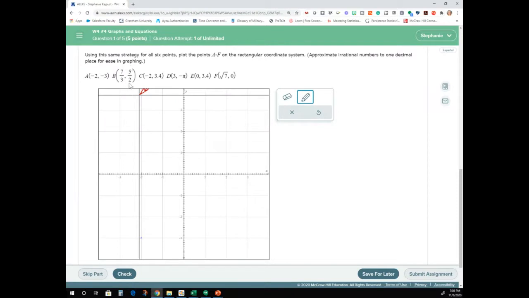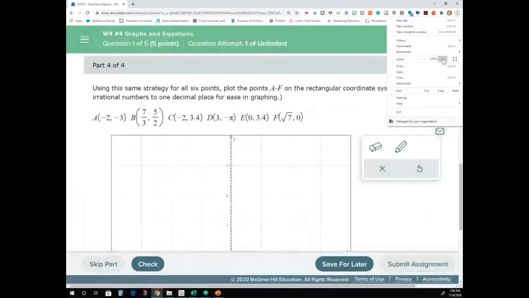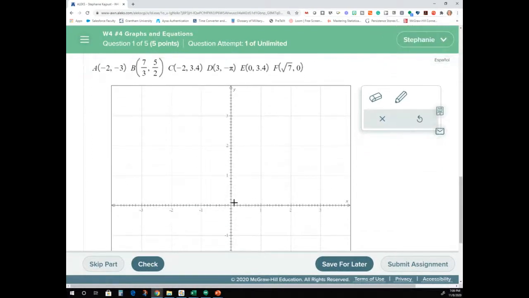Now we've got fractions and decimals, and we've got some other interesting things to graph. So I'm going to turn that off for now. So that's where you have to take a look at your graph and see what it is counting by. So I'm going to zoom in some more. Okay, so let's say from the center, I need to count how many dashes I have here so I know what I'm counting by.